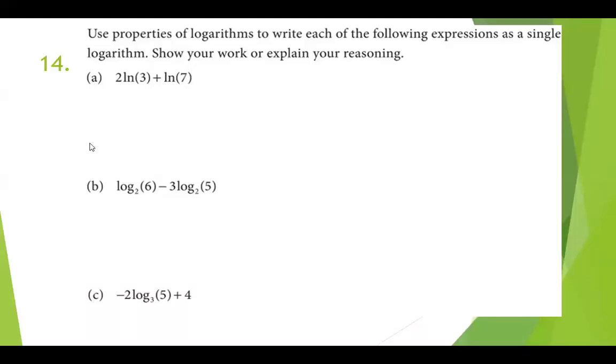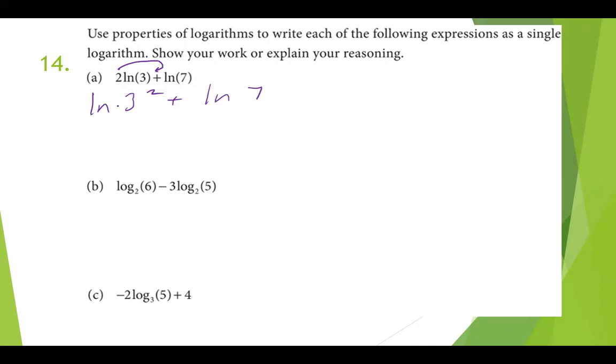So on the first one here, you should have, again, what property do we start off with? Power. So I should have moved 2 to the third, and that gave me natural log of 3 squared plus natural log of 7.